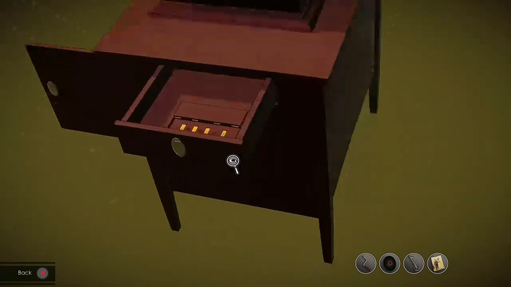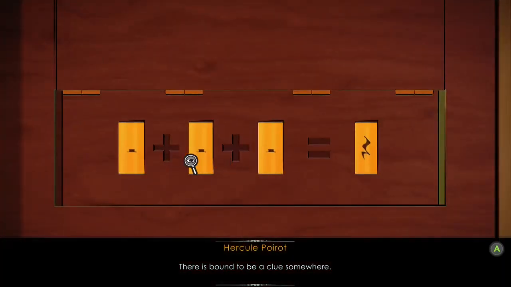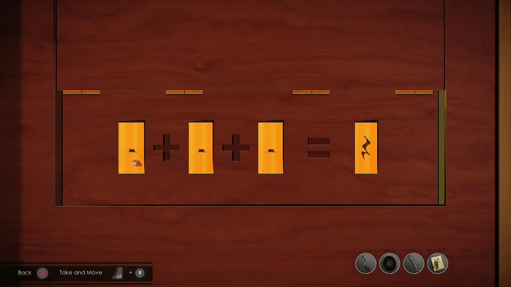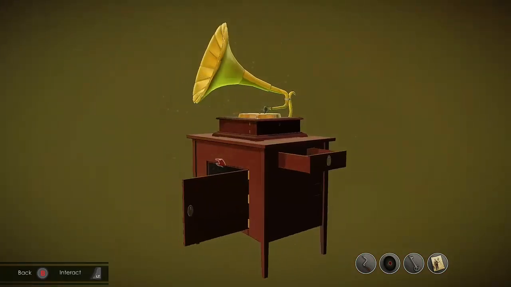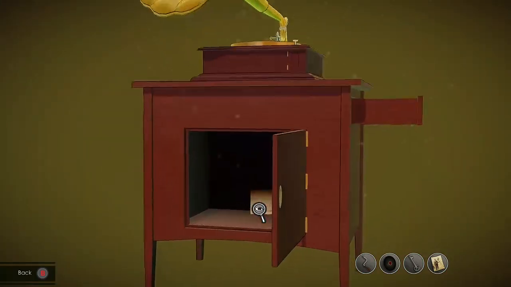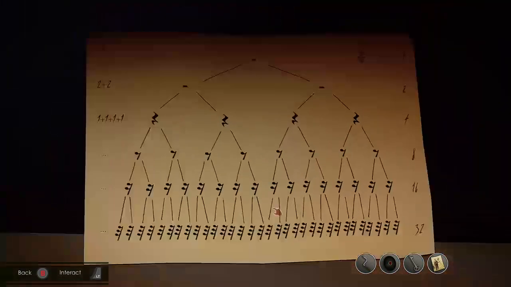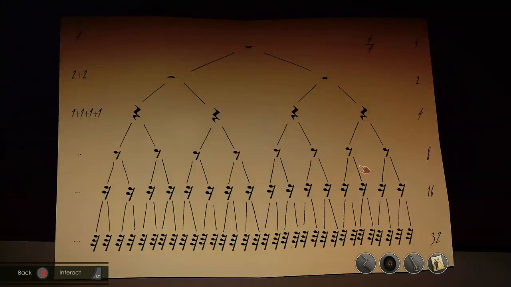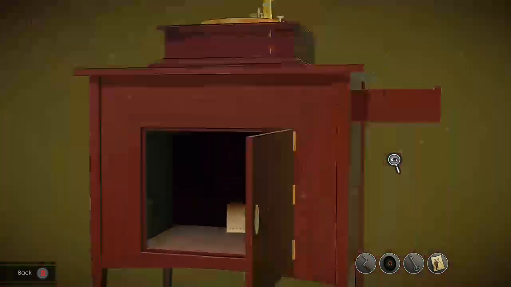You bugger. It was wrong. There is bound to be a clue somewhere. Oh, okay, so... Right, okay. So, to make one of these... I need... these 2. And one of them? No, 2 of these little thingies and one of them.